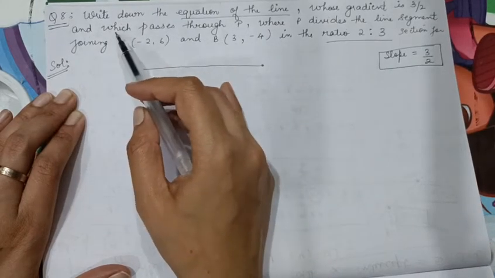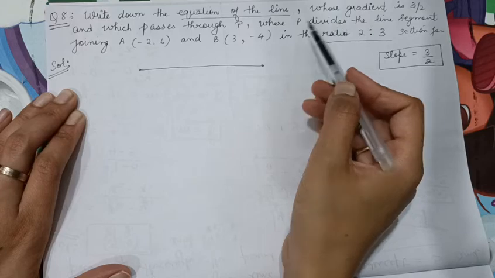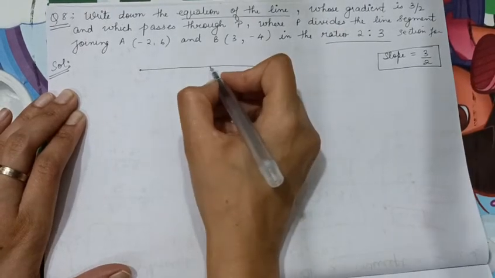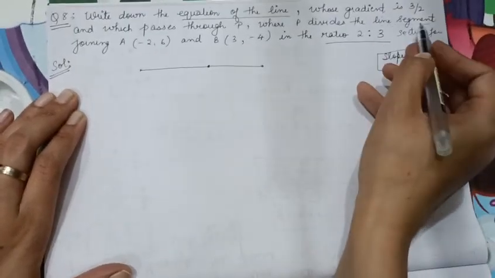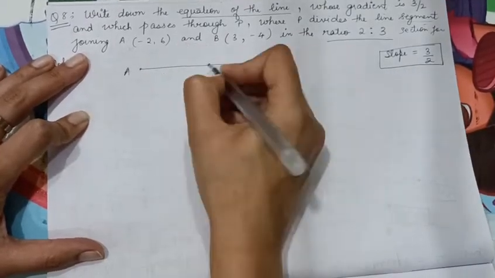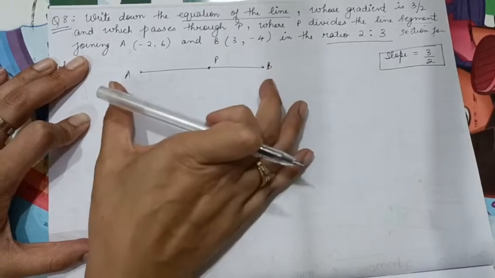And the line passes through point P, where P divides the line segment joining AB. So that means P is this point, because it is dividing line segment AB.